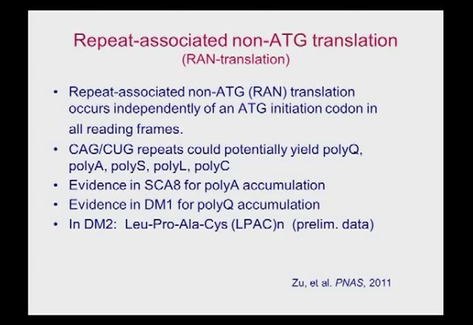So the potential is that you could have a polyglutamine, polyalanine, polyserine, polylysine, and polycysteine, polyleucine, I guess. And SCA8, which has a somewhat similar mechanism to DM1, she has shown that you can see accumulation of polyalanine using antibodies against polyalanine. And likewise in DM1 patients, she's been able to show polyglutamine accumulation.